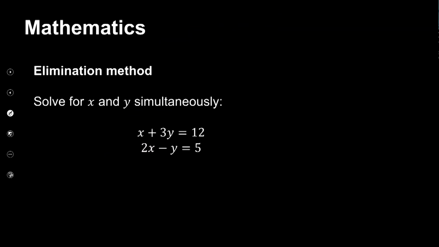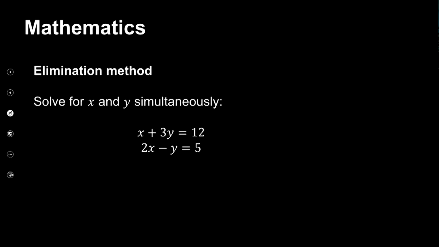But now let's look at another question that involves this, right? Where you cannot just cancel from the get-go. x and 2x, you can't cancel them, right? Because they are not like terms, they don't have the same value. 3y and y, you also cannot cancel them. Why?